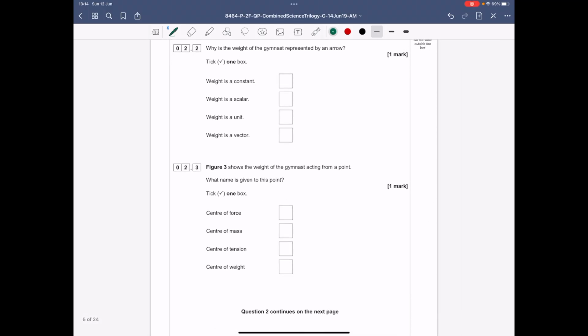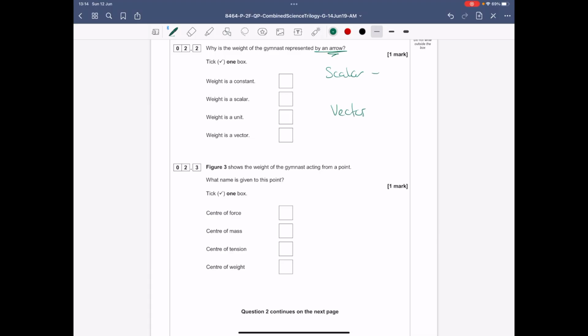Then question 2.2. Why is the weight of the gymnast represented by an arrow? Okay. Now the arrows on representing forces are giving a direction. And we should remember the difference between a scalar and a vector.